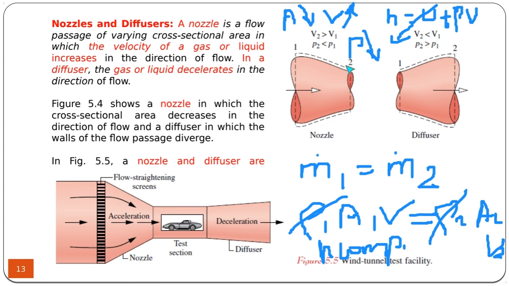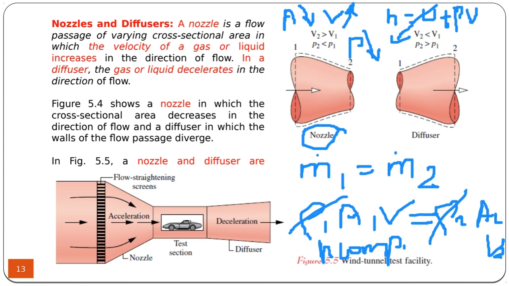The second one is required by the conservation of energy. This is called a nozzle, and a nozzle is used to increase the speed of flow. So by reducing the cross section, it's possible to increase the flow of a fluid, whether it's gas or liquid.